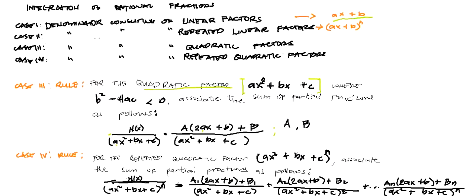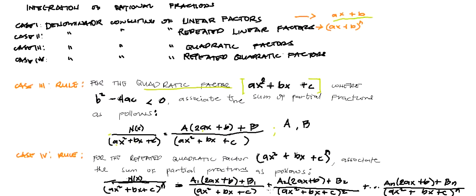And like what we've done in case 2, for a repeated quadratic factor, it is now equal to A1 times 2ax plus b, plus B1, another constant, all over ax squared plus bx plus c raised to 1.